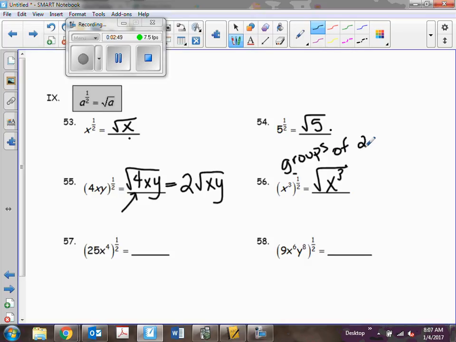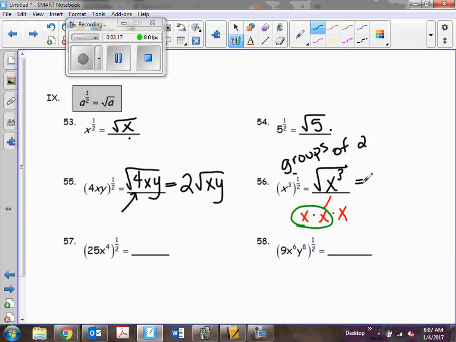Now if I have x to the 3rd, that is saying x times x times x. And if I look at this, there is a group of 2 x's right here. If there is a group of 2 x's, then that means that they can be pulled out in front of that square root.